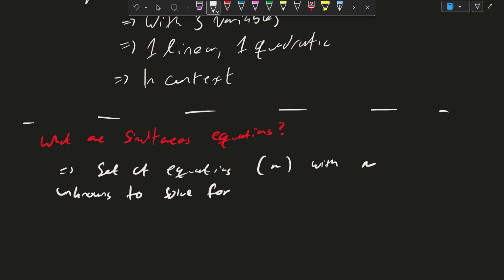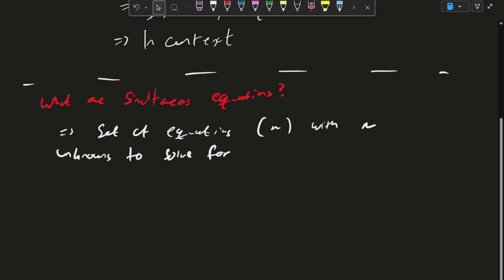So it's essentially a bunch of unknown information stuck inside of equations. They usually take the form, say, x plus y is equal to 12 and x minus y is equal to 4. This is an example of what we call a two-variable simultaneous equation.